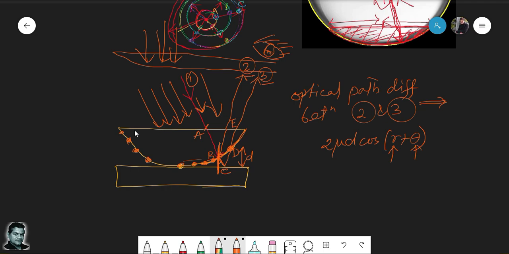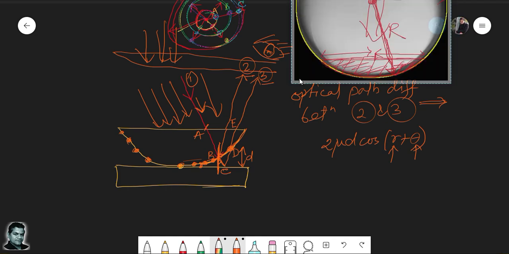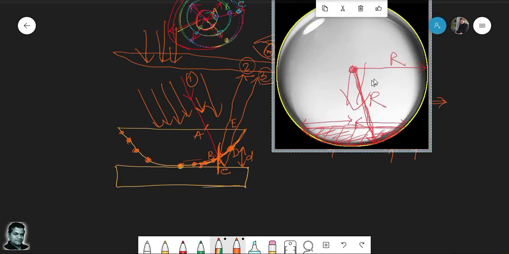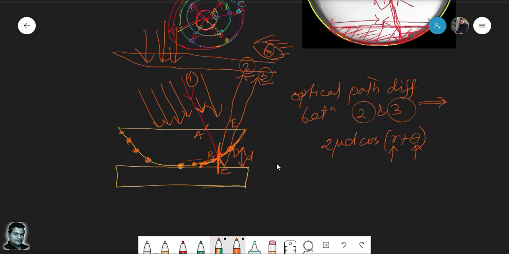Theta is the wedge angle, and as we explained earlier, if the radius of curvature R of this surface is taken to be very, very large, then this wedge angle will be very, very small. You have to remember this, because we will come back to this point a little later.